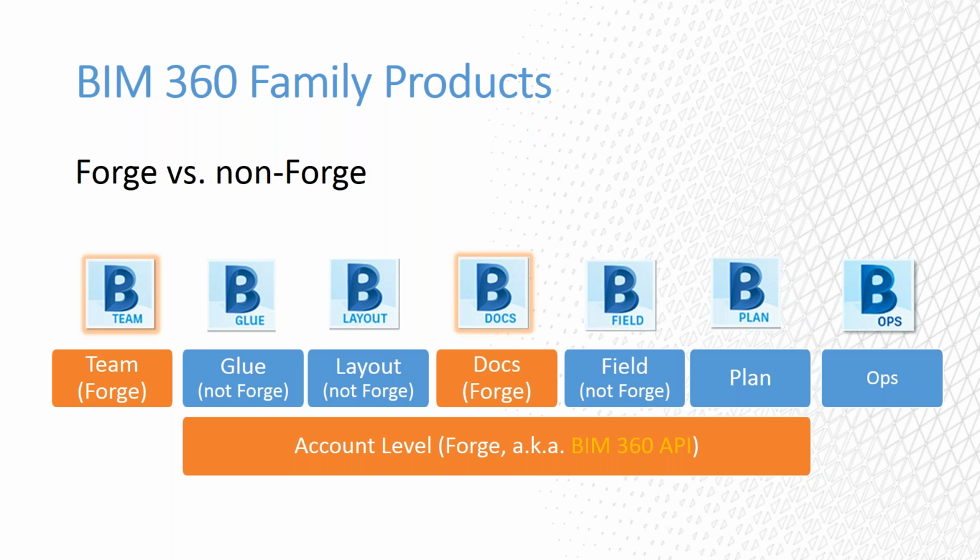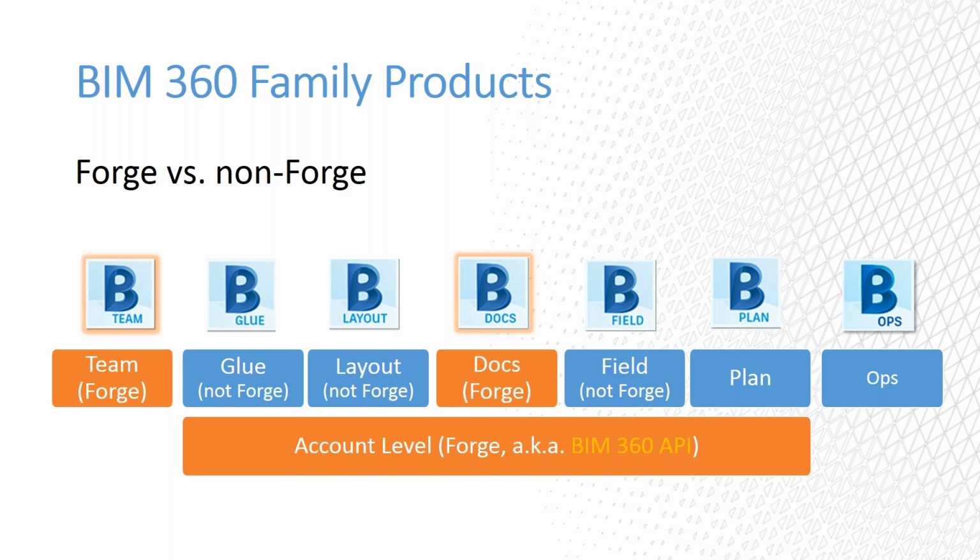It has quite comprehensive APIs, but it's not a part of Forge. So be aware when we are talking about the Forge API and the Forge API access to BIM 360, we are explicitly talking about Docs and Team. And in addition, account level is also a part of the Forge API. It's also known as the BIM 360 API.